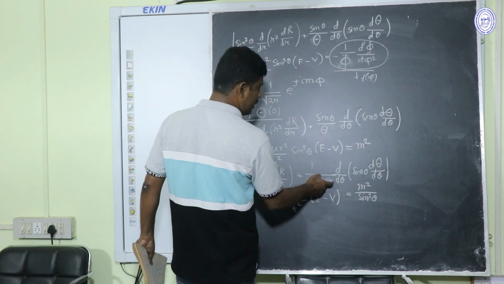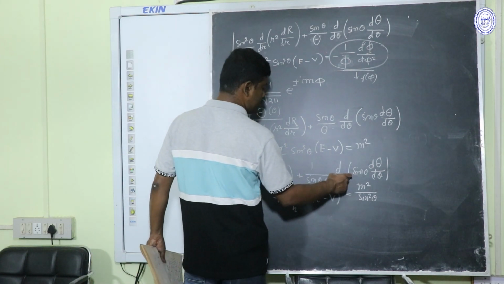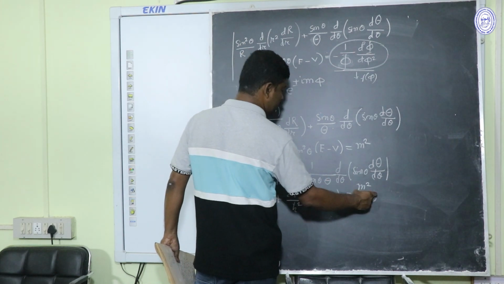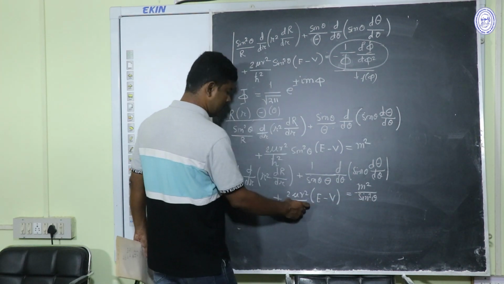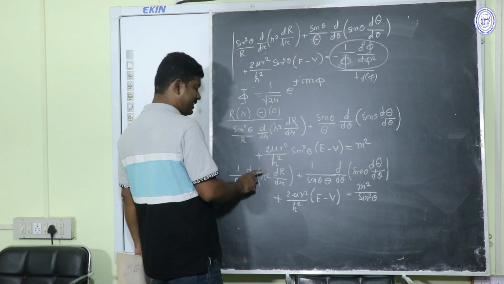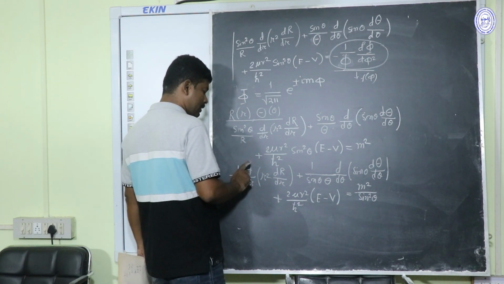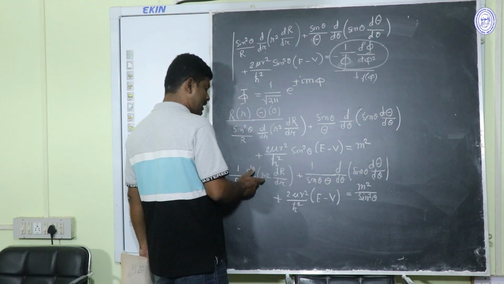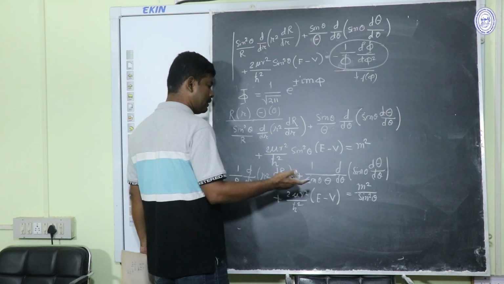So, this part is independent of r, this part depends only on theta, this part depends only on r, and this part also depends on r. So, we can keep the r dependence part on the left hand side, and we can take the theta dependence part on the right hand side.